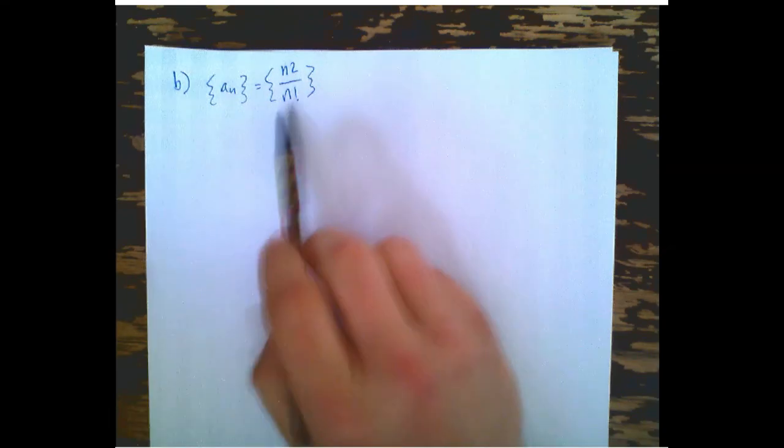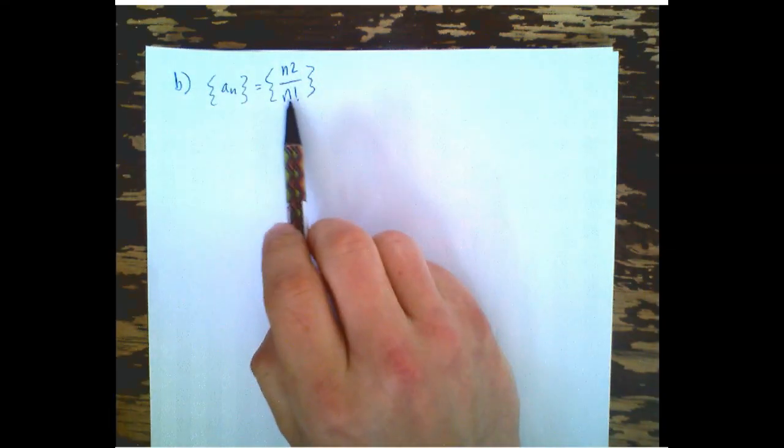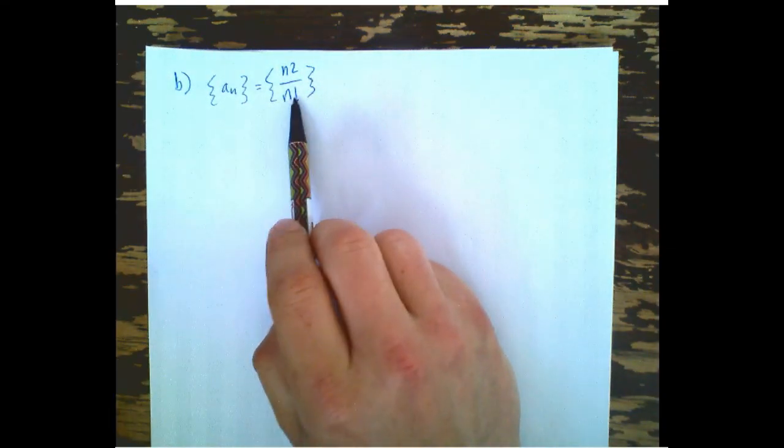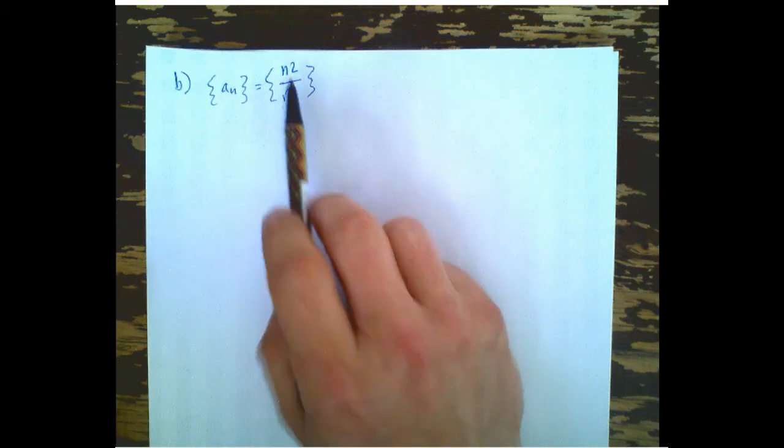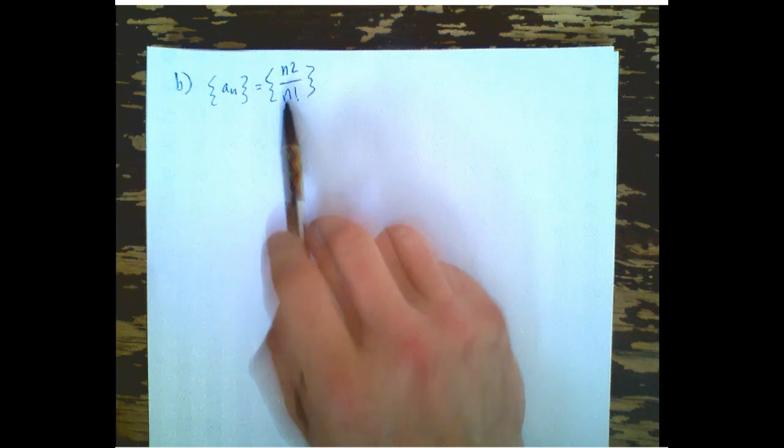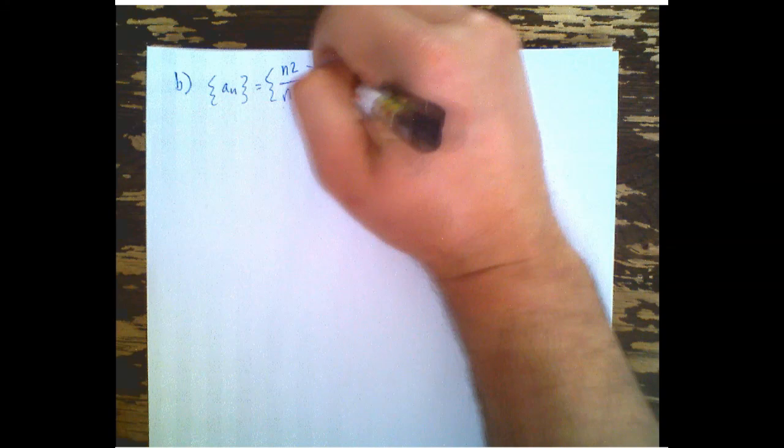So here we see a derivative might be out of the question because that factorial, who knows how to take the derivative of a factorial. So here, let's try to determine whether it is monotonic increasing or decreasing using the first method that we did last time. So we list the terms here.